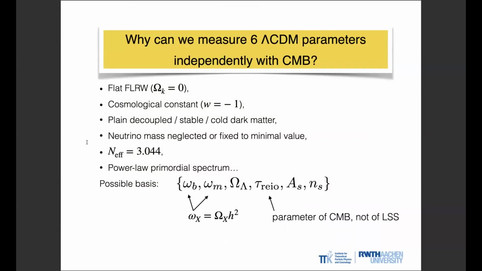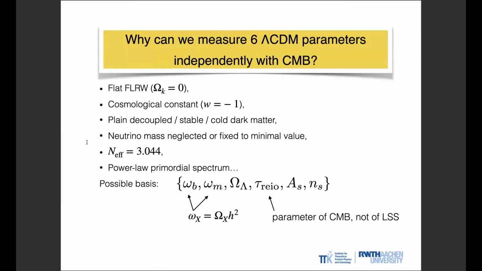Because of time constraints, which are fair, I'm going to look only at the minimal lambda CDM model. But we could extend our discussion to massive neutrino, extra relativistic degrees of freedom, annihilating dark matter, all the nice things that you are seeing in the Beyond Standard Model lecture. But we won't do it here, we don't have time.